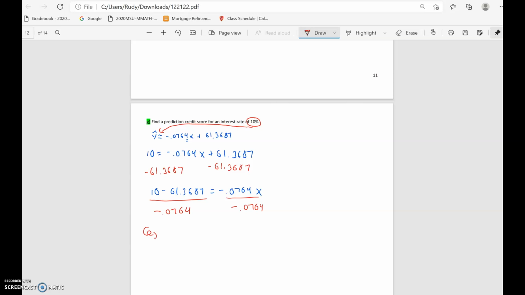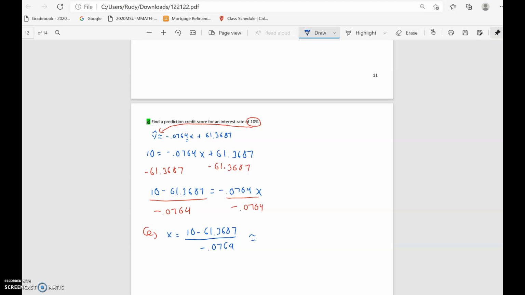And then let me flip this. So our x value here, it's going to be 10 minus 61.3687 divided by negative 0.0764. And let me evaluate this on the calculator. The top will need parentheses.